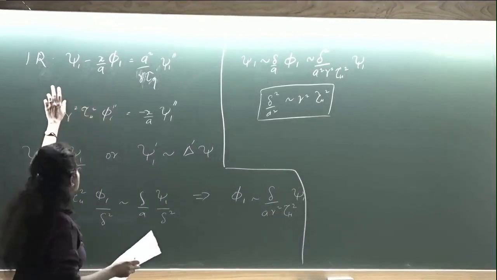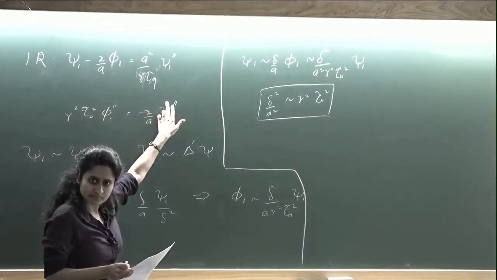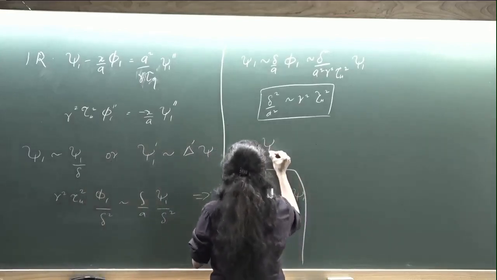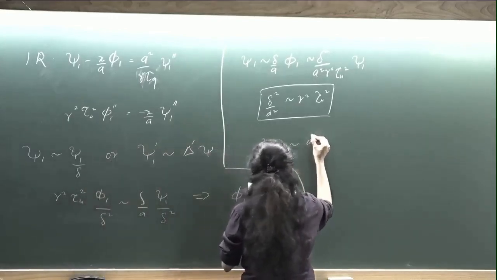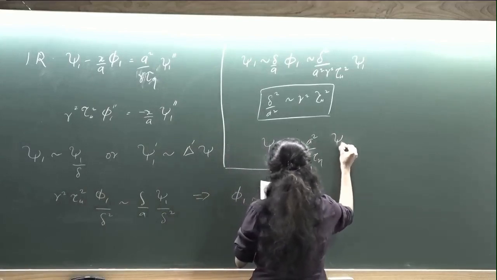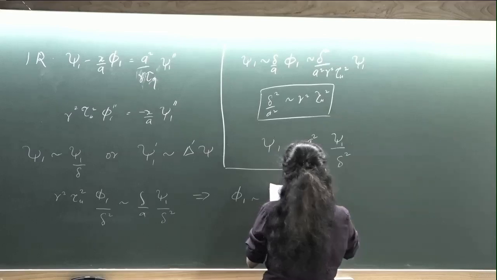Now I can take the first term and the third term, and when I do that, I get psi1 goes as a square by gamma tau eta psi1 by delta square.